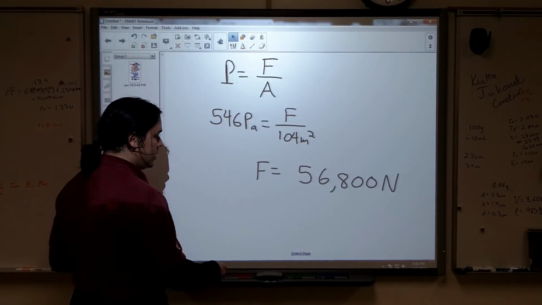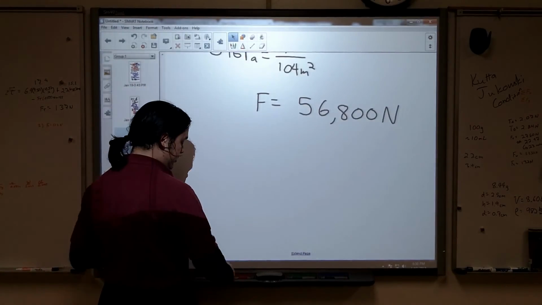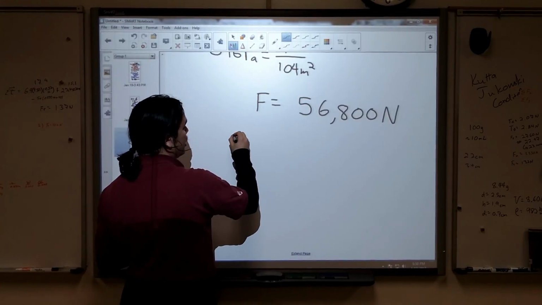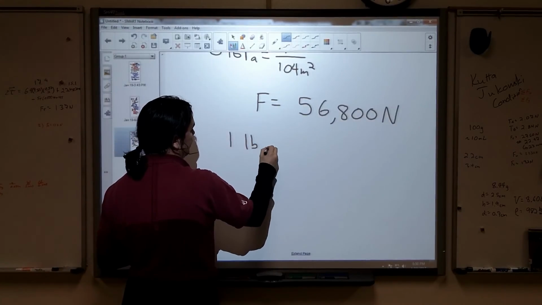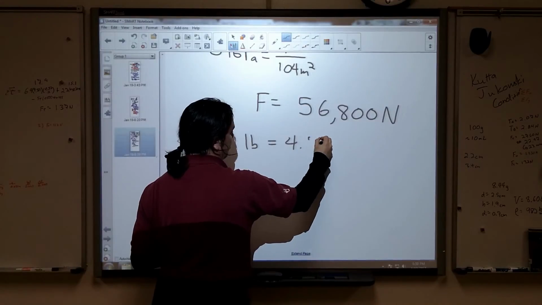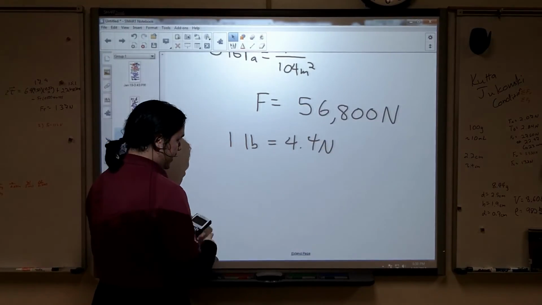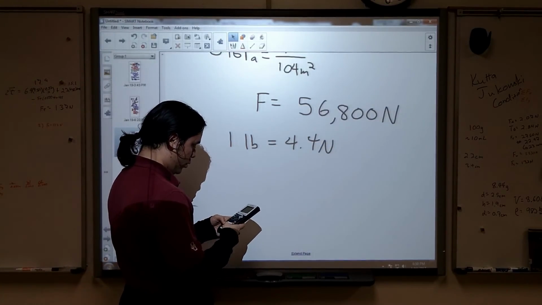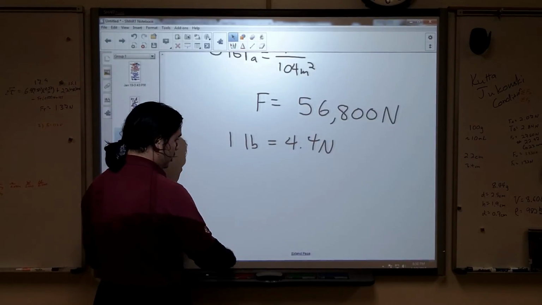Yep, looks good. And so that we can put this in perspective, remember, 1 pound of force is equal to about 4.4 newtons. So if I divide this by 4.4 newtons, I end up with the following.